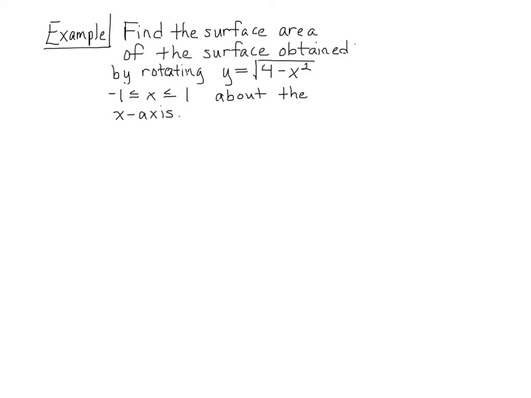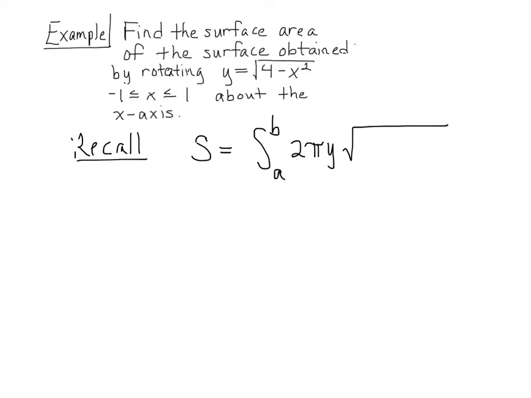Let's recall that since we're in case 1, the surface area is the integral from a to b of 2 pi y times the square root of 1 plus, instead of writing dy/dx, I'm going to write f prime of x, squared, times dx.